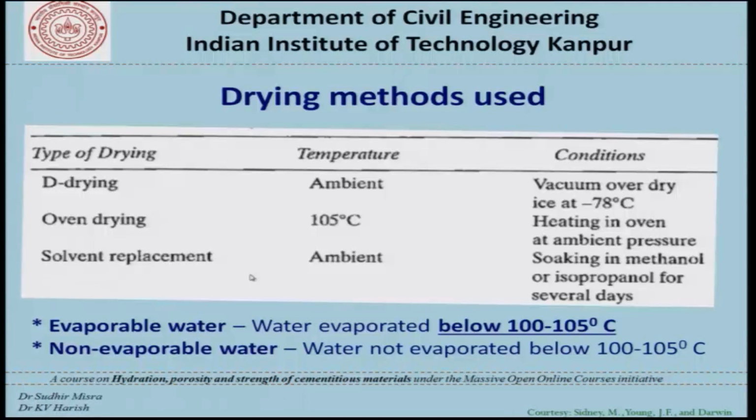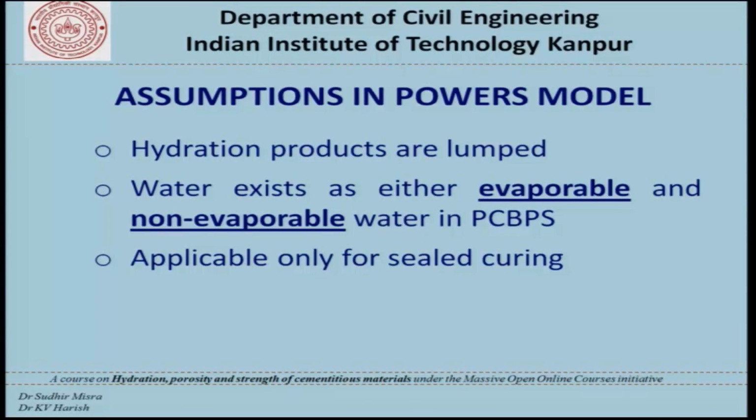Let us come to know what is evaporable water and non-evaporable water, as mentioned in the previous slide. When Powers says that water exists as evaporable and non-evaporable water, he is talking about the hydrated cement paste. The water that you had added at the early stage is available either in evaporable form or non-evaporable form.